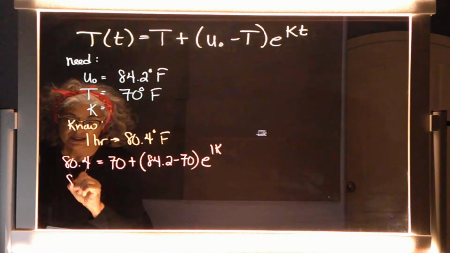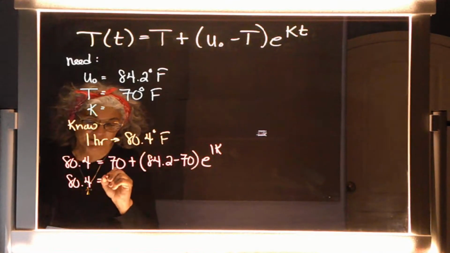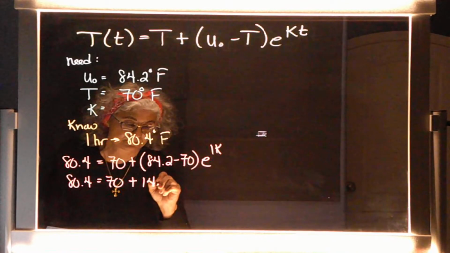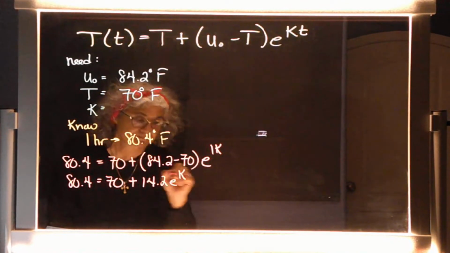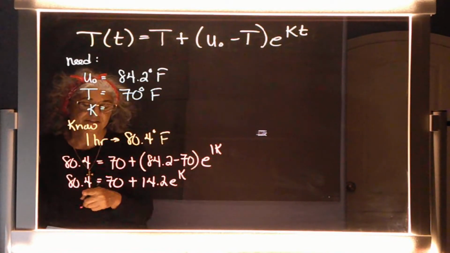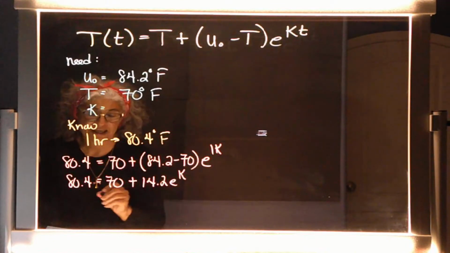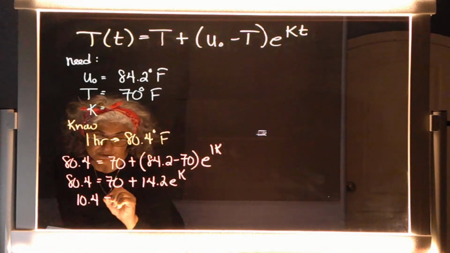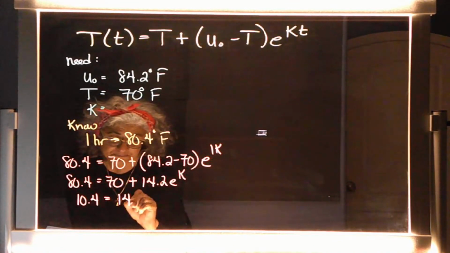All right, I'm going to simplify inside that parenthesis. Time to start moving things over. I need that k by itself, so we subtract that 70 from both sides. Agreed?